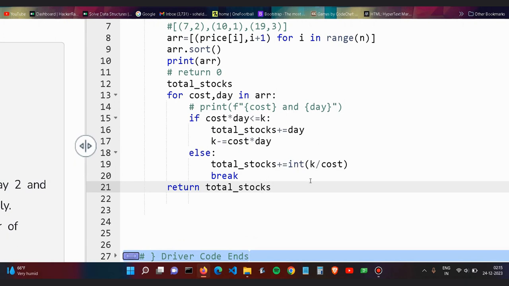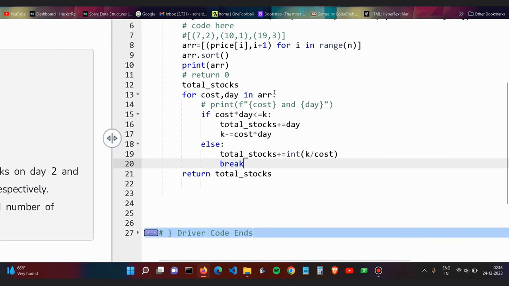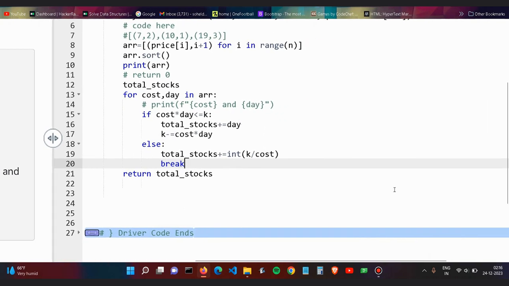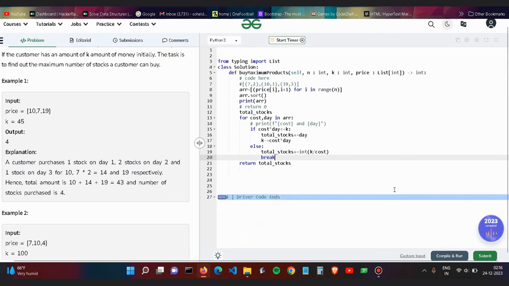Okay. So we'll give a quick check to the program to see if we have done all the things which are necessary. So yeah, I guess we have. Yeah, let's check it once.